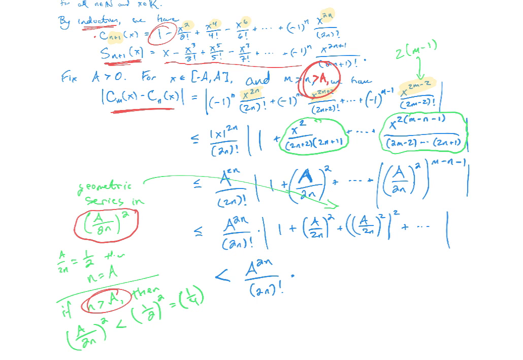And then we have times, what's the sum of the geometric series with ratio 1/4? It's 1 over 1 minus 1/4. 4/3. Yeah, 4/3 a to the 2n over 2n factorial.